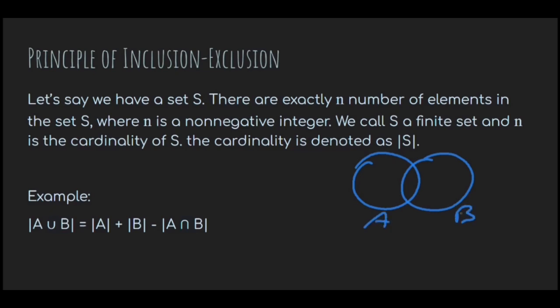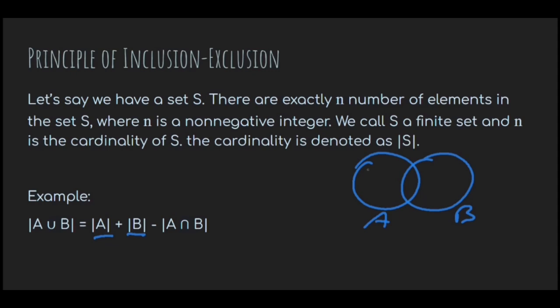Well, now we need A union B, right? So we need whatever is in A, whatever is in B. And that would mean including these common elements, right? So whatever's in A, whatever's in B, and you have to subtract what's intersecting. Otherwise, they'll repeat.